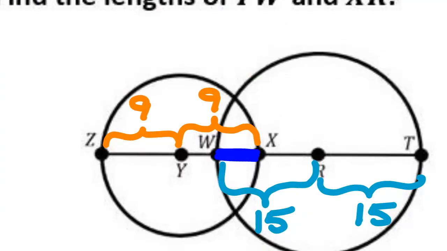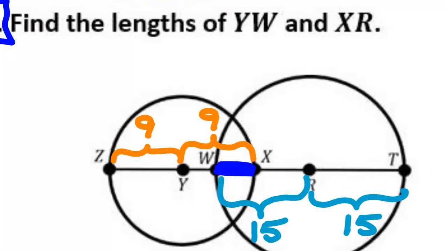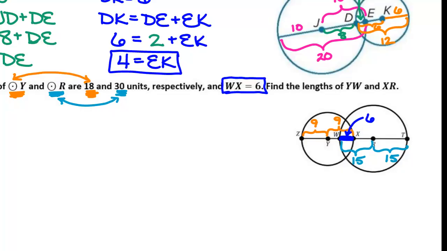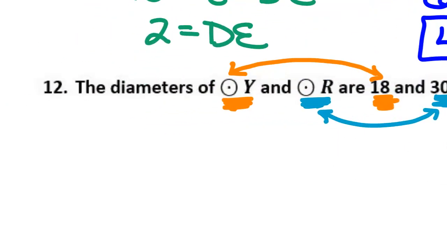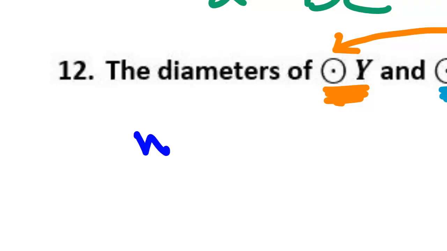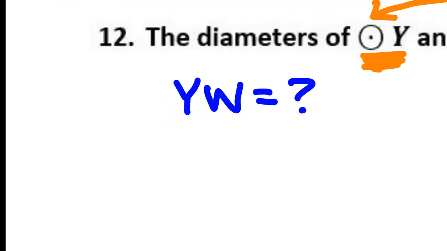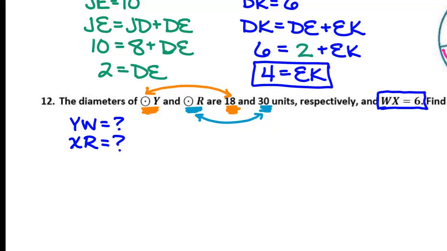So this length right here from W to X is 6. Find the lengths of YW and XR. All right, so YW and XR is what we're looking for.